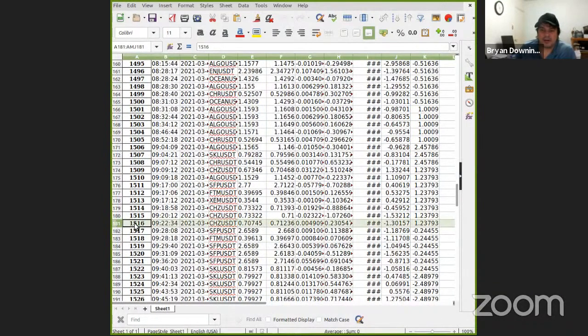So we'll start there, since 9:30 today. Today is the 14th of March, and it's 20:03. So this is roughly about 9 hours of trading.